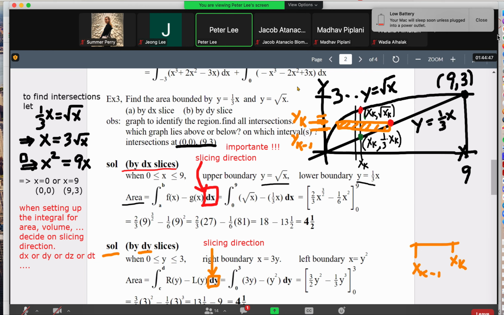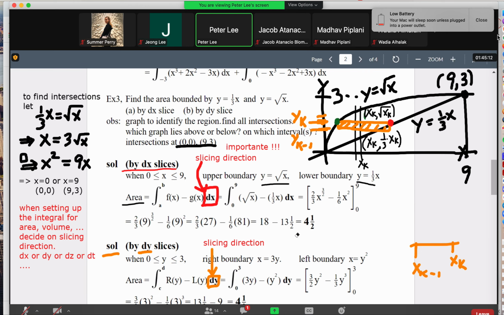And this point right here is what I call the left boundary. Let me erase these two points right here. I just successfully erased the blue and the green from the other rectangle.